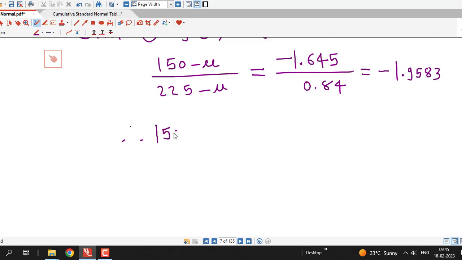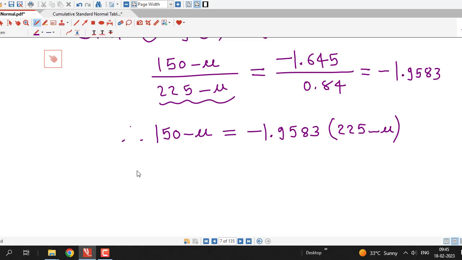Therefore, I can write 150 minus mu equal to minus 1.9583 multiplied by this quantity 225 minus mu.